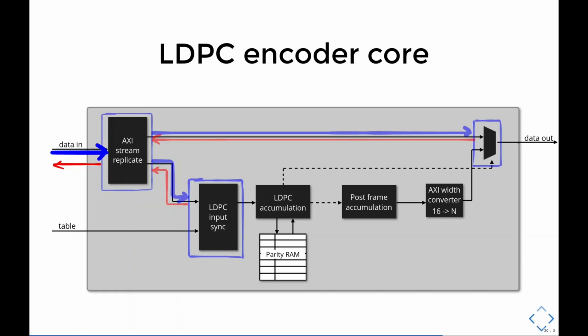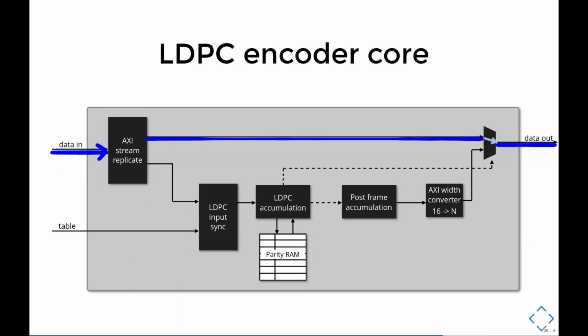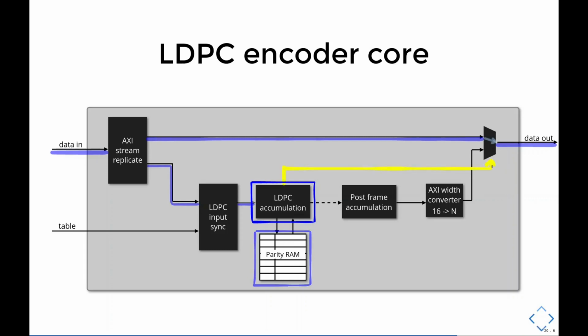So, the branch on the top goes straight to the output, and the other one goes through the input synchronizer and the LDPC accumulation. The accumulation logic uses offsets from the LDPC table to XOR data in the associated positions of the parity RAM. While that's going on, it will keep the output mux selecting data from the AXI stream replicate. That's the baseband plus BCH FEC passing through.